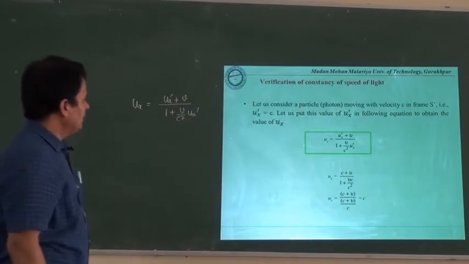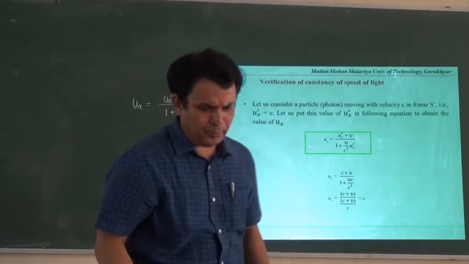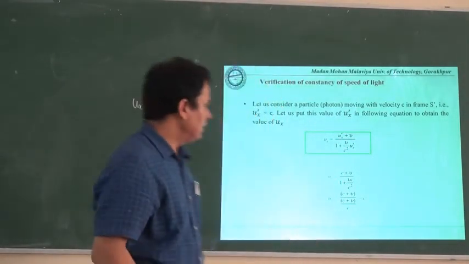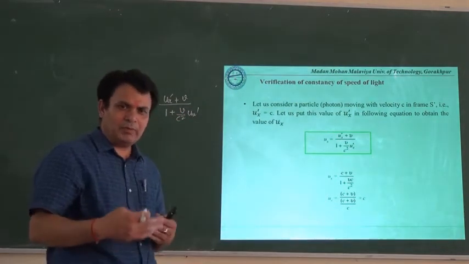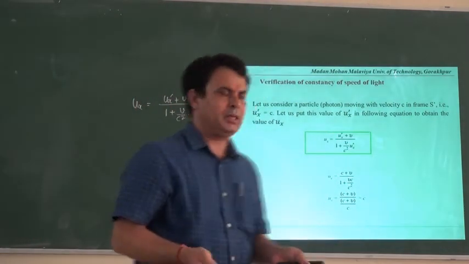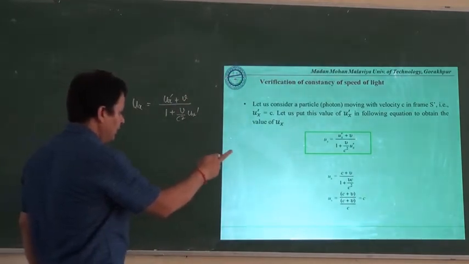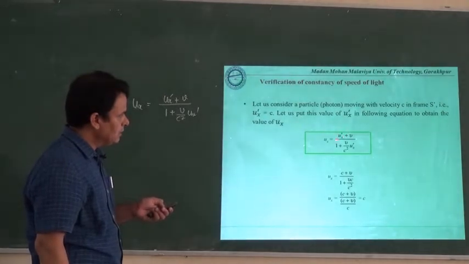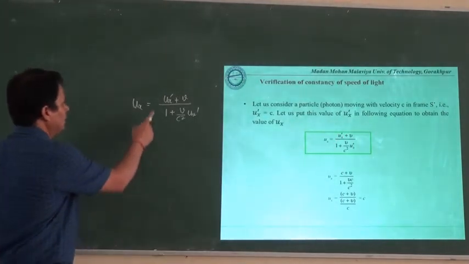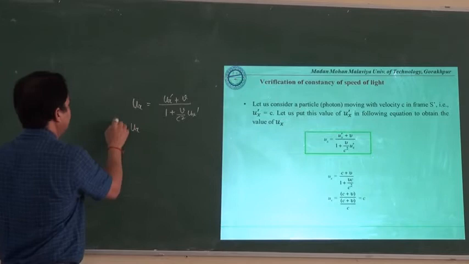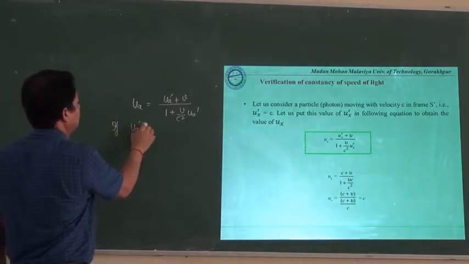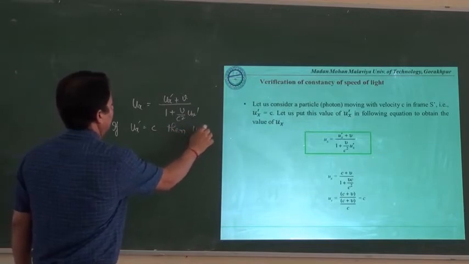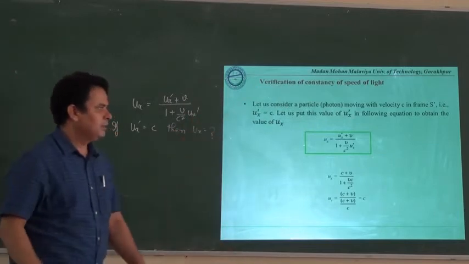Here we have taken that the component of velocity in the moving frame of reference is equal to c. Then let us see what will be the value of ux. For that, in place of ux dash we are putting c, because we are considering that if ux dash is equal to c, then what will be the value of ux.